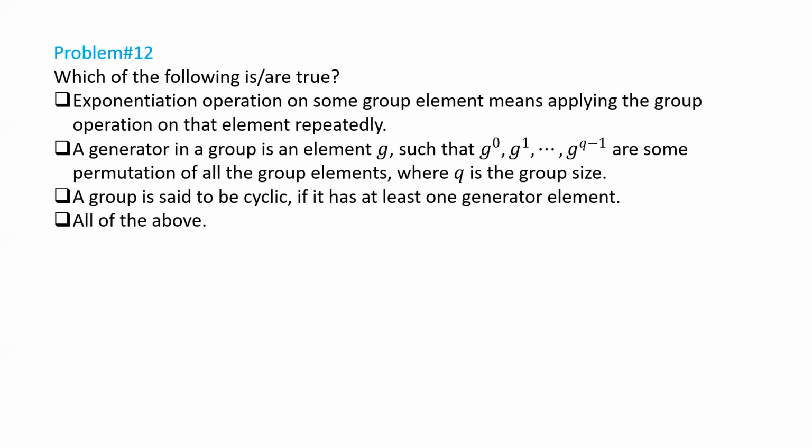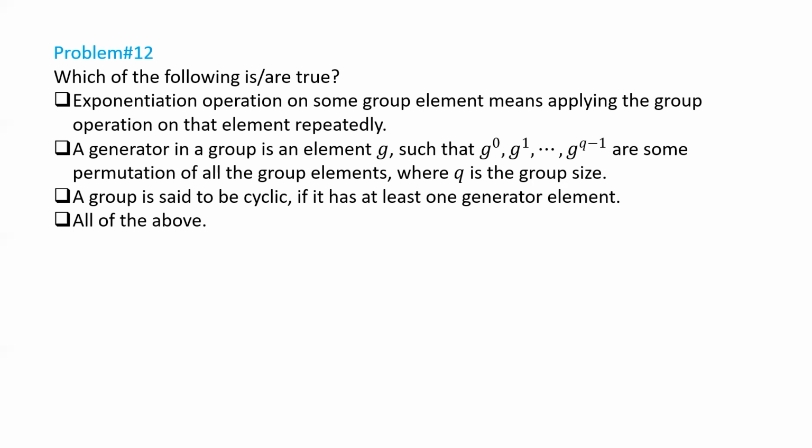Next statement: a generator in a group is an element G such that G to the power 0 till G to the power Q minus 1 are some permutation of the group elements, where Q is the group size. That is again true because that is the definition of a generator of a group. A generator ensures that when you apply the exponentiation operation with I equal to 0, 1, 2 till Q minus 1, for all possible values of I from 0 to Q minus 1, you get a distinct element as the output.